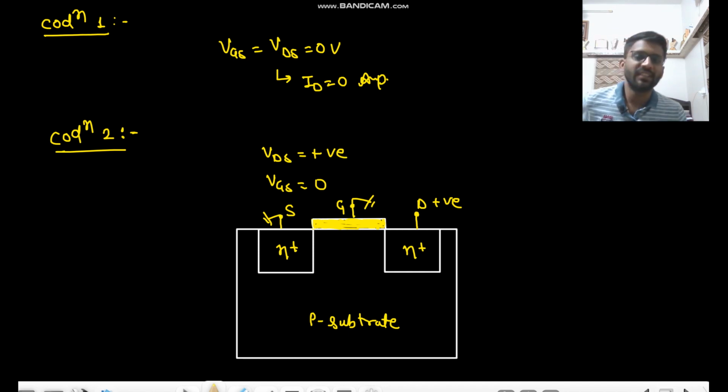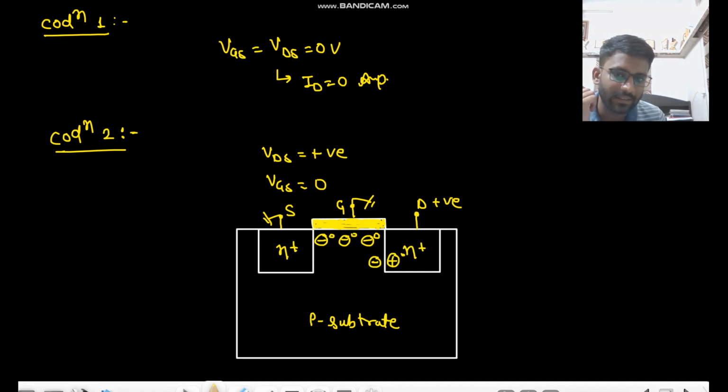Now VGS is 0 and VDS is positive. So the question is, what will happen? Here this is the P substrate and we don't have an N channel. The N region and the P substrate will already form a depletion layer.